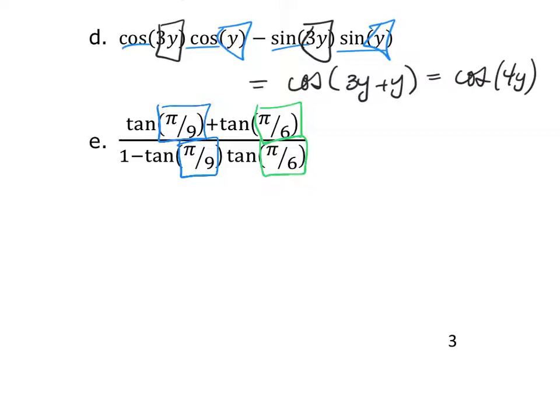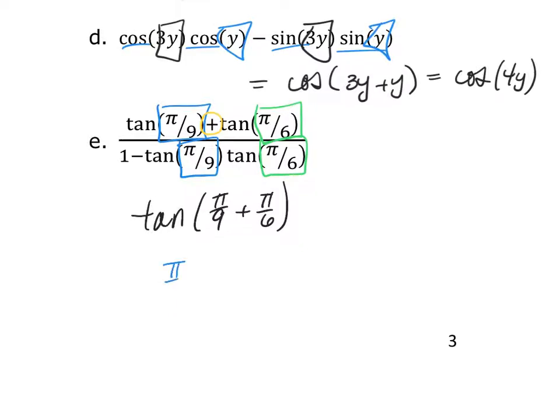And I look for the sign between them in the numerator to determine whether it is a plus or minus of those angles. So this is going to equal the tangent of pi over 9 plus pi over 6. Now I need to actually do the addition. What's the lowest common denominator between 9 and 6? 18.